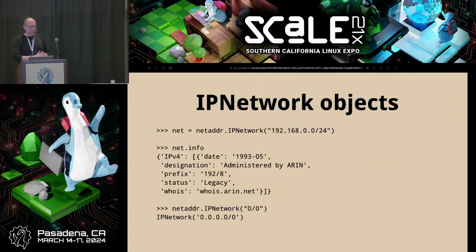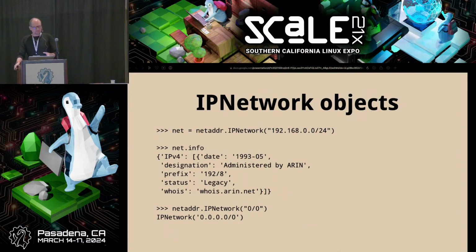NetAddr has concise classes. It automatically infers v4 versus v6 based on what you provide to it. So in this case, this IP network object, of course I didn't demonstrate it here, easily supports either v4 or v6 addresses based on what you pass in there.